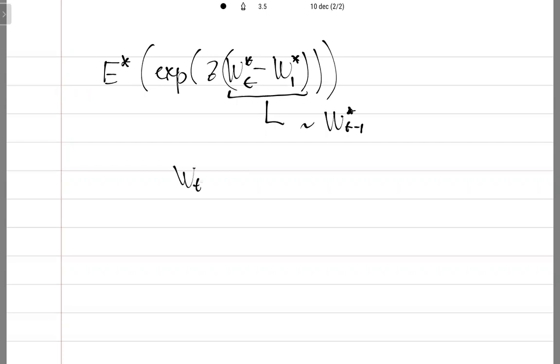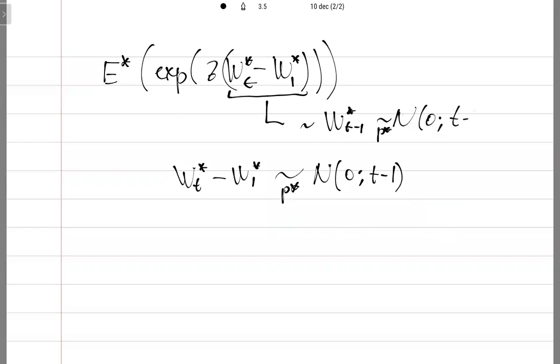Because the law of this under the probability star is just a normal random variable with mean 0 and variance t minus 1, and this is also a normal random variable with mean 0 and variance t minus 1. They are not equal, but the distribution is the same.